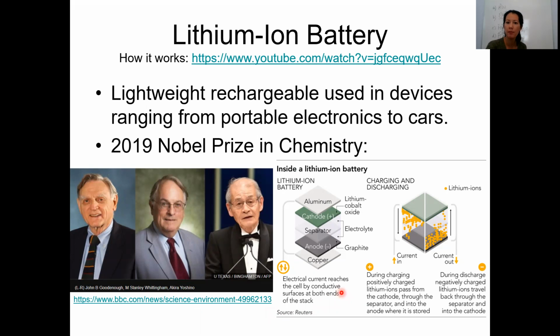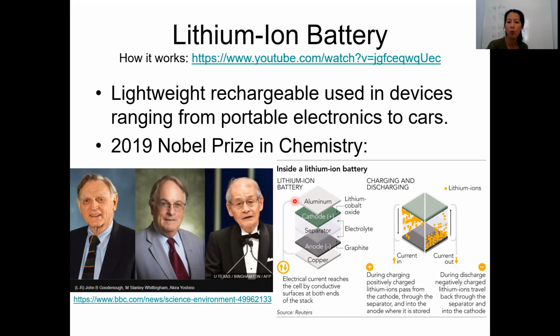And so for the lithium ion battery, similar concept, you have a metal casing, an anode and cathode, a separator, an electrolyte to help allow for a flow of, it depends, it could be charged particles, it's generally charged particles.